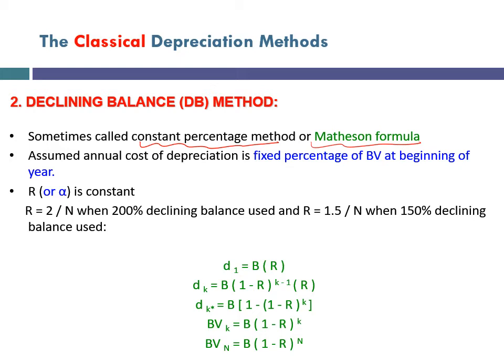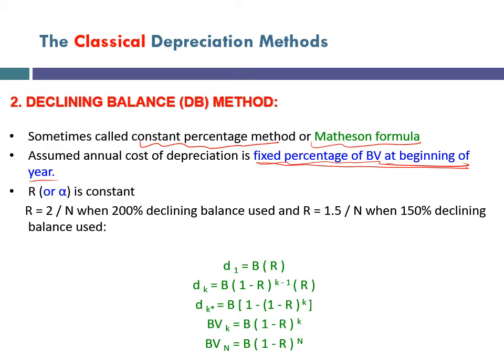In this declining balance method, the depreciation amount at each year is not the same as in the previous method, the straight line method, but here the annual cost of depreciation is a fixed percentage of the book value at the beginning of the year. So the depreciation amount is not fixed, but its ratio, its percentage is fixed.